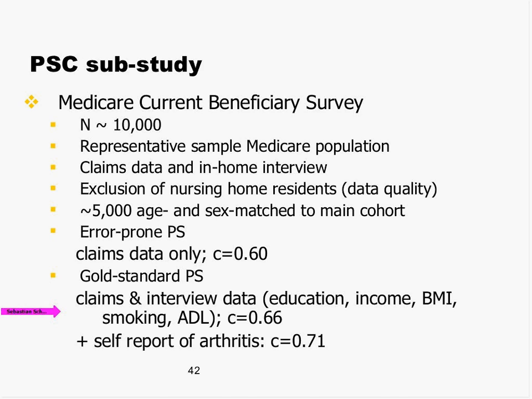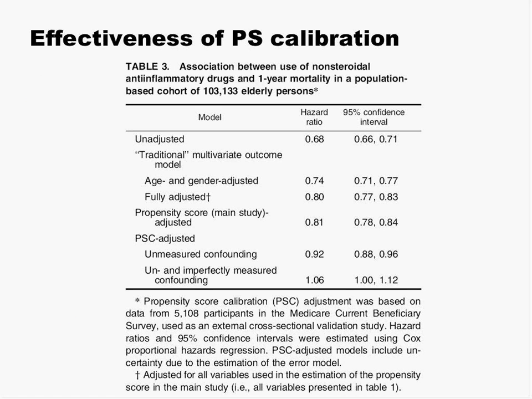Next slide. This is a cohort of 100,000 people, and we assume that NSAID use in this population would not be associated with mortality. It does not prolong life, and it does not shorten life. The unadjusted effect estimate of NSAID on mortality is 0.68, a 32% relative risk reduction.